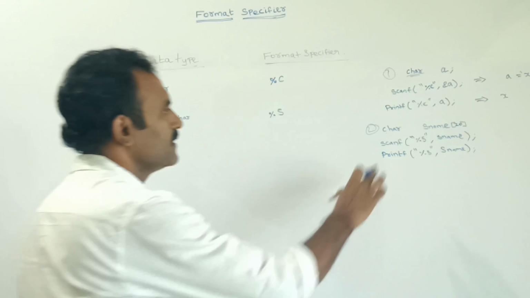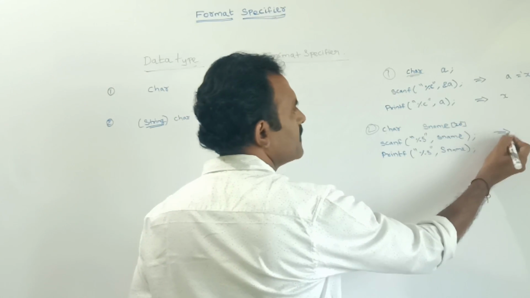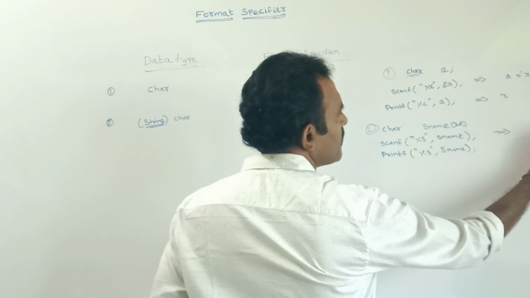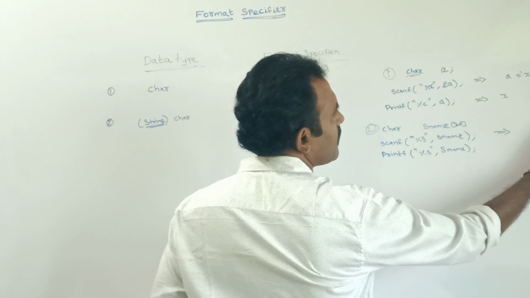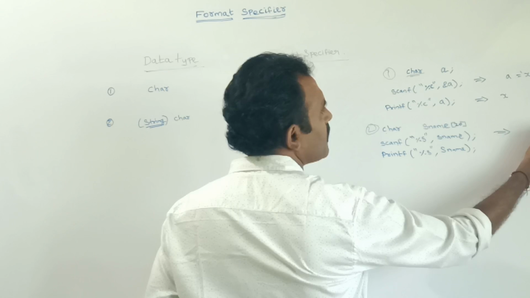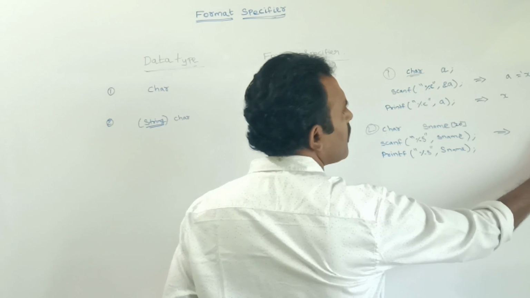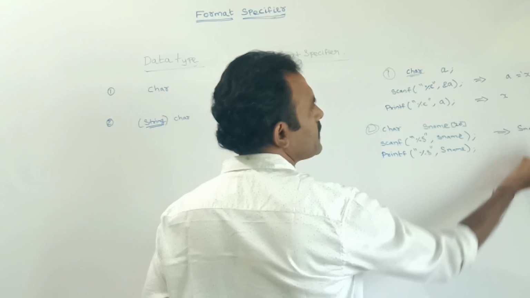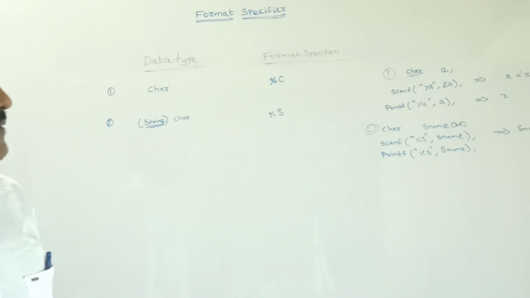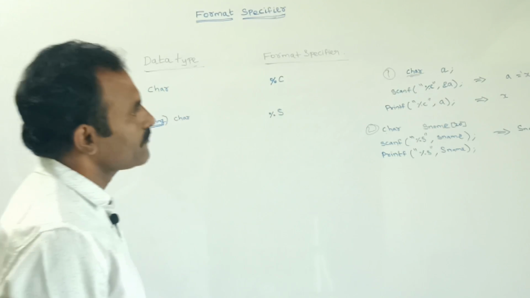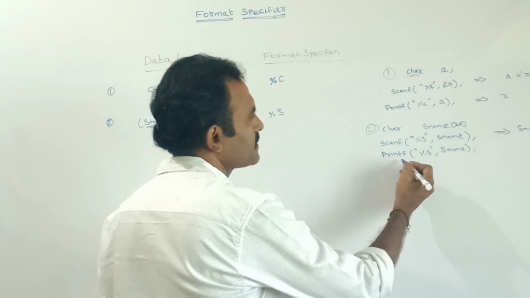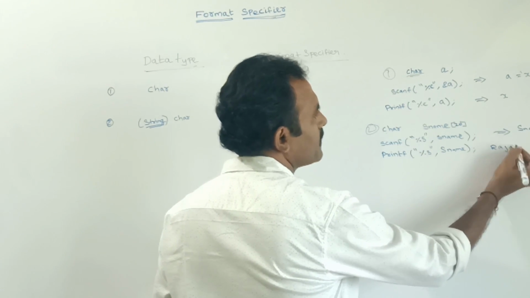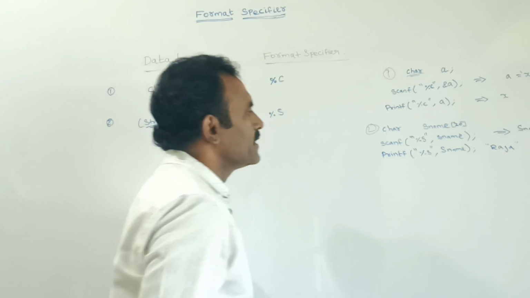While running, this step will ask for the student name. Suppose I give Raja, it will be stored in sname, sname is equal to Raja. Next, this step will print the string that is stored in the variable sname.